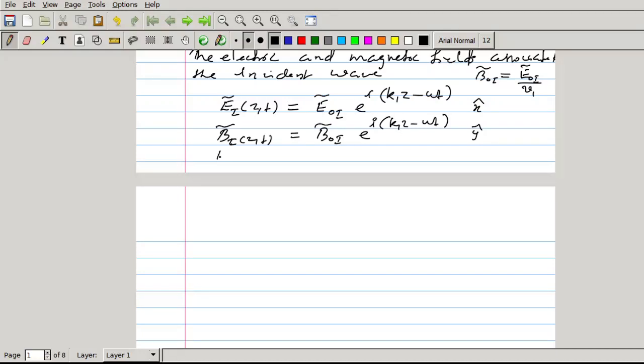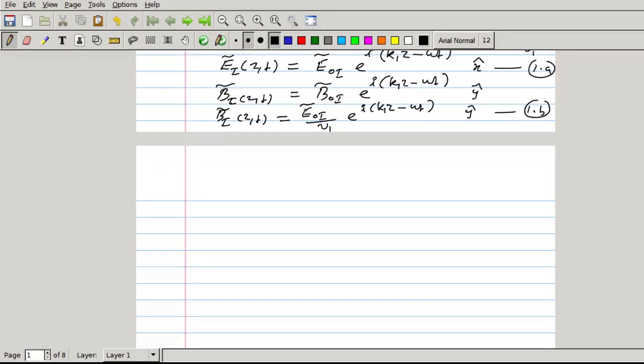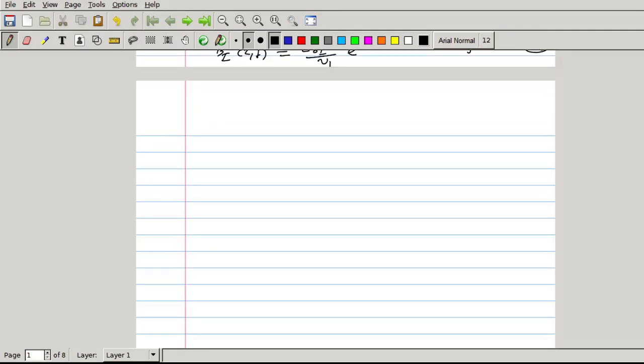So we can write the magnetic field as B_I(z,t) equal to E_0I by V1 e raised to i(k1 z minus omega t) y cap. I am giving this equation number 1a, and this equation 1b. So equation 1 gives the electric and magnetic field vectors associated with the incident wave.